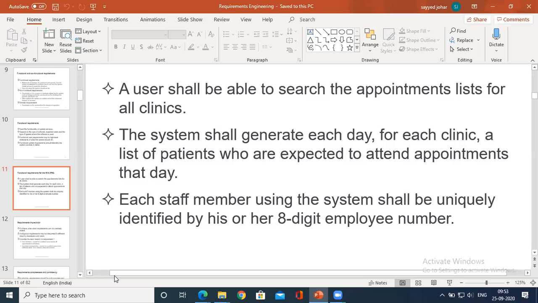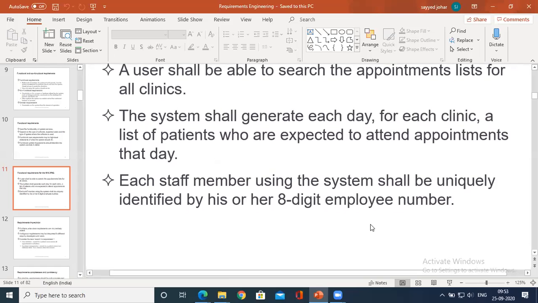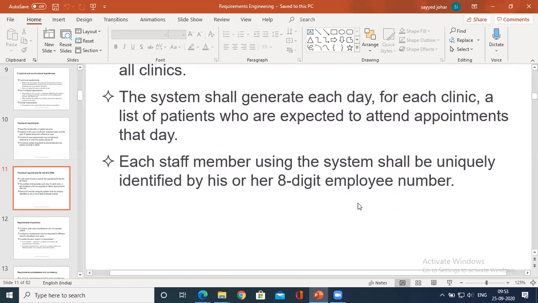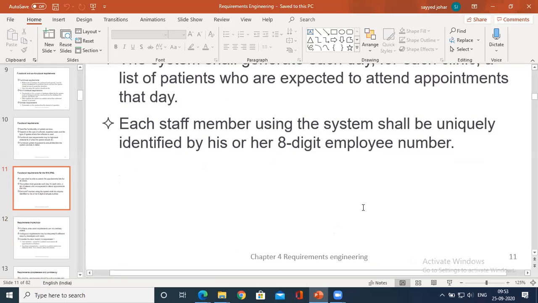This is with respect to the patient. With respect to the staff, each staff member who uses this system shall be uniquely identified by his 8-digit employee number. This talks about the security, because an unauthorized person should not be able to access this particular system, because it consists of data.